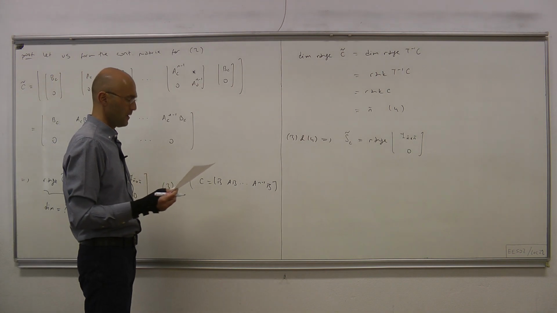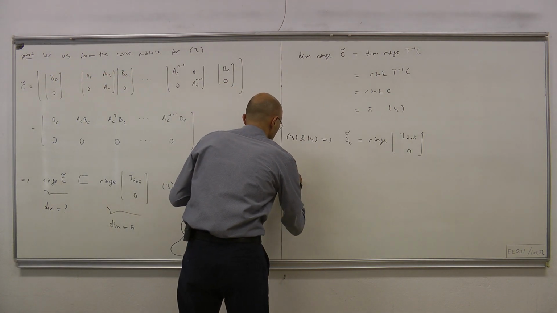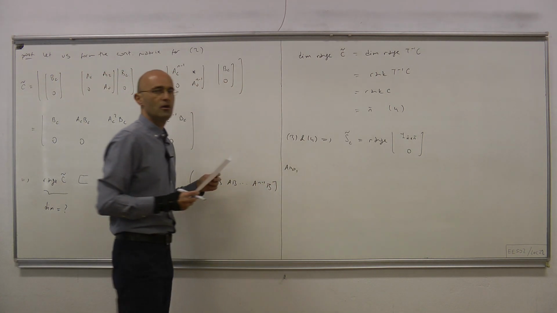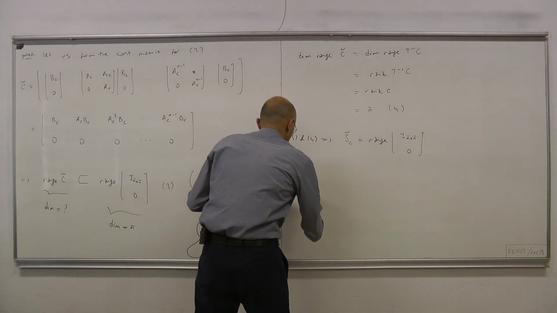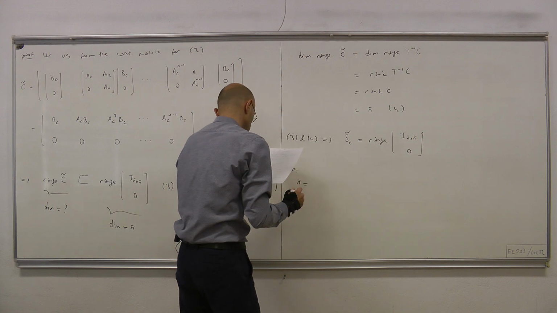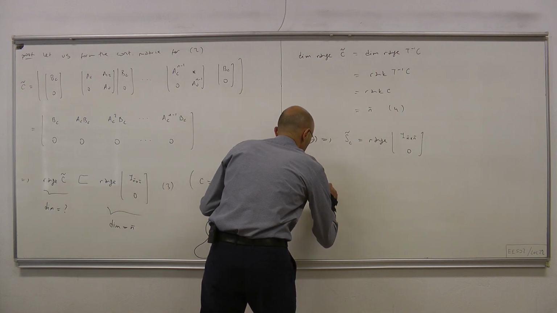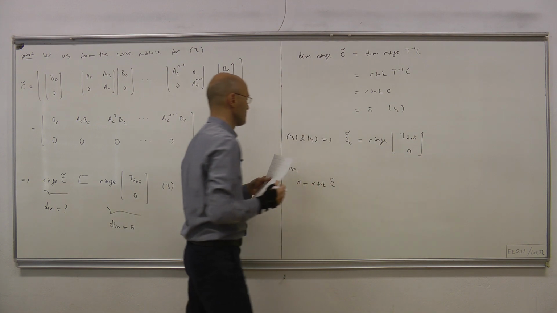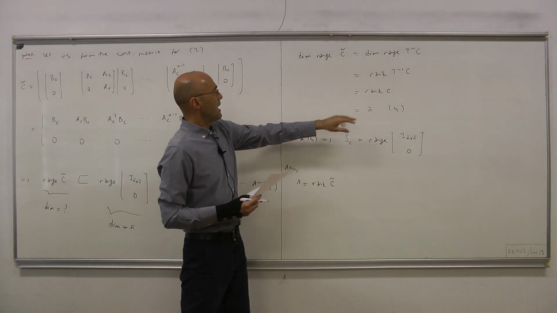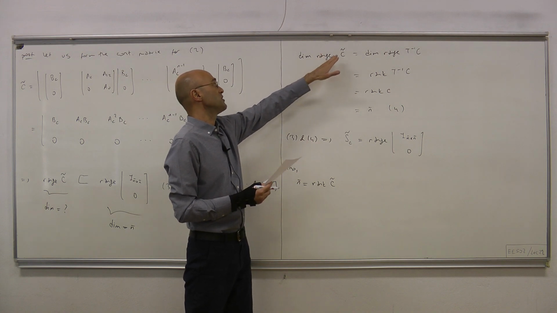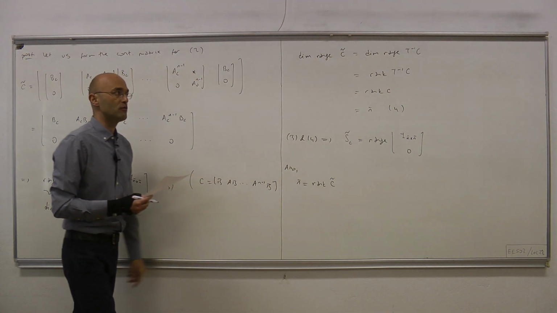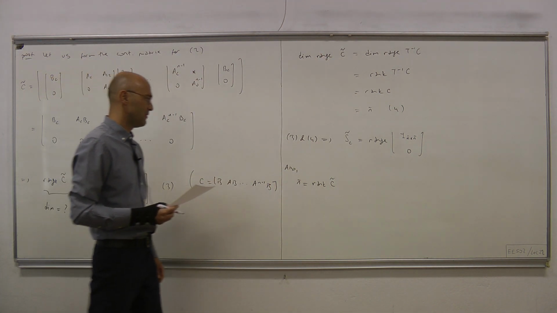As for part B, we can argue as follows: n bar equals rank of C bar, because rank of C bar, C tilde, is by definition the dimension of the range space of C tilde.